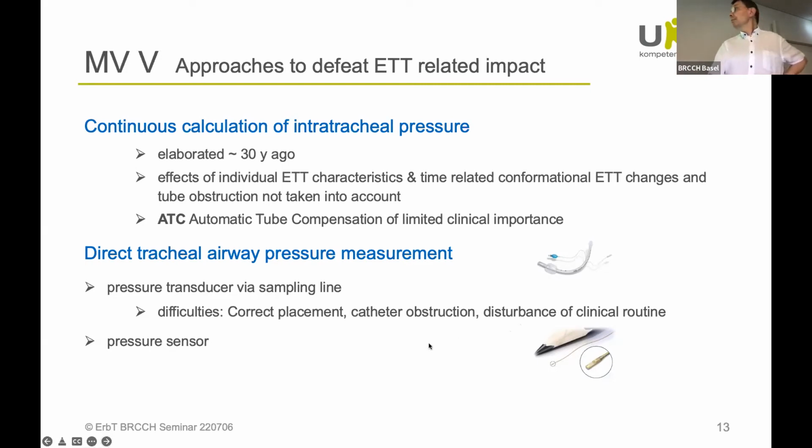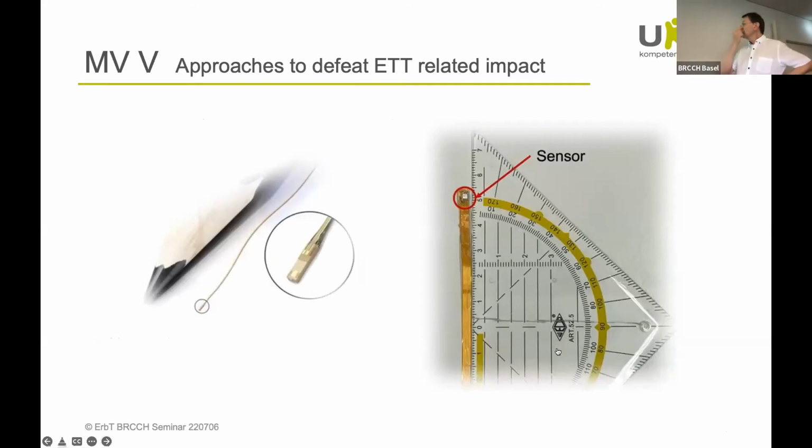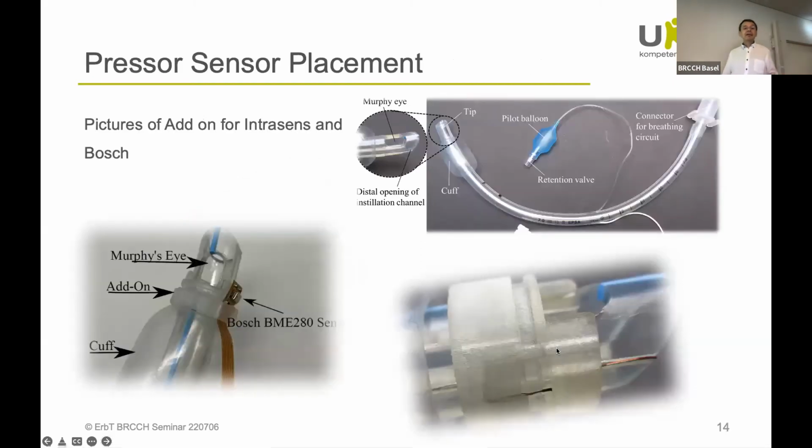Nowadays, we have the possibility with micro pressure sensors. The two that I show you here are the IntraSense and a Bosch sensor. You see, they are really small, and they can be attached using an add-on device, how we call it, to the distal part of the endotracheal tube.